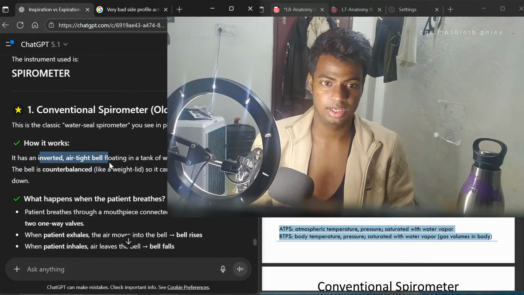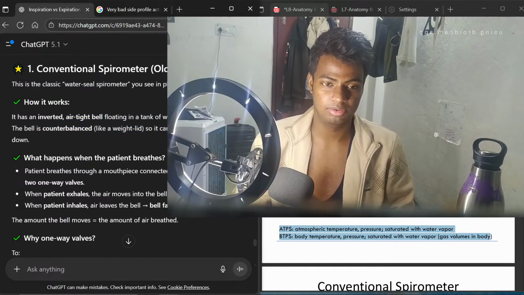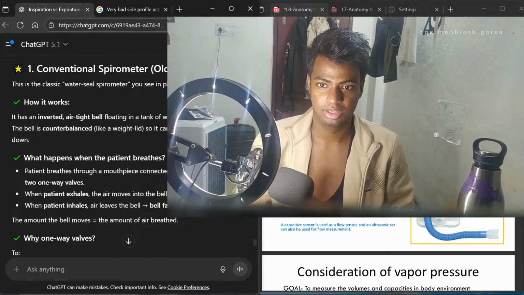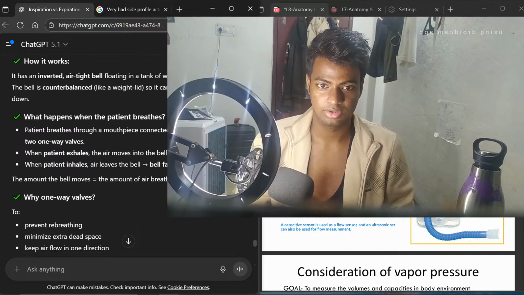It has an inverted airtight bell floating in a water tank. The bell is counterbalanced like a wheel, so it can move freely up and down. What happens when the patient breathes through a mouthpiece? It is connected to a spirometer with two one-way valves.